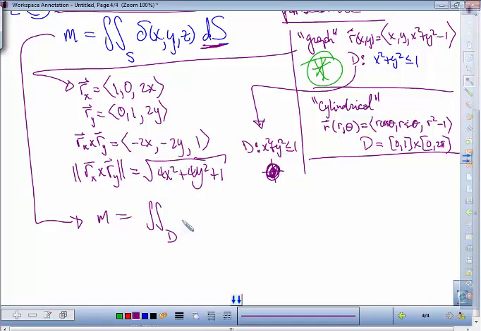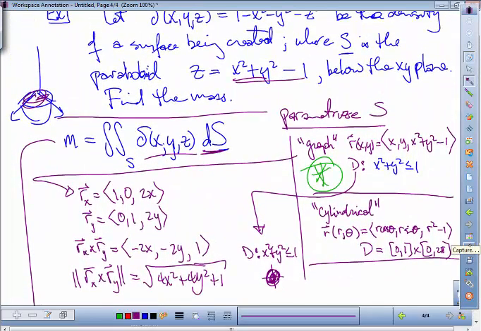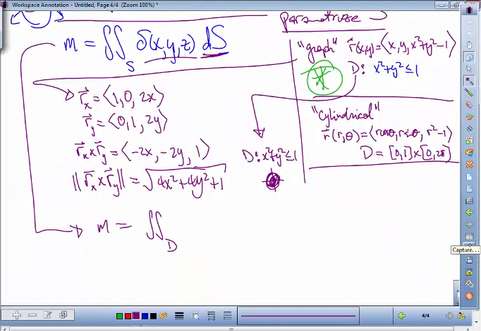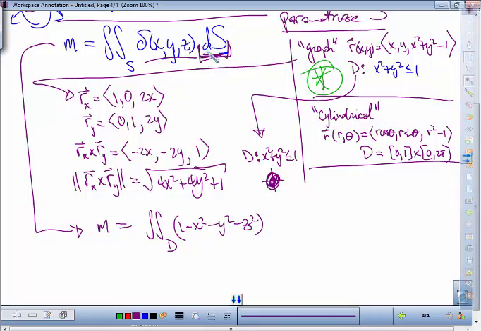My density function comes next. What was my density function? 1 minus x squared minus y squared minus z squared. And then now my dS is going to be the dx dy along with this surface area element.